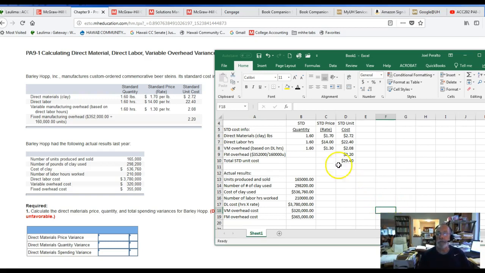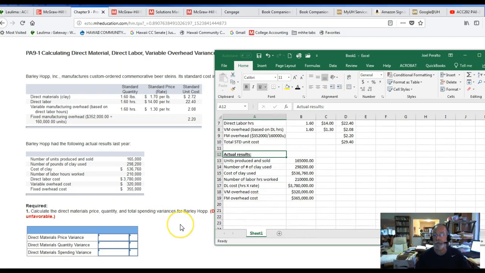So based on standards and actual, what we need to calculate are the cost variances. How did actual differ from, or vary based on, what they expected to happen, which would be their standards. Okay, so we take this one at a time.